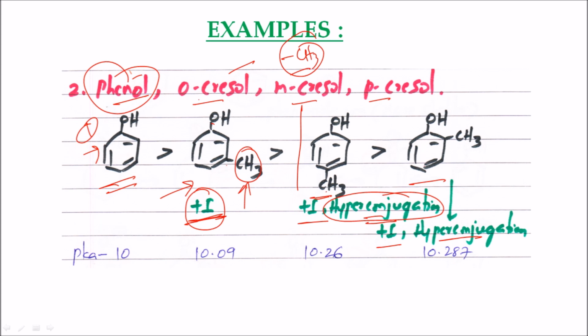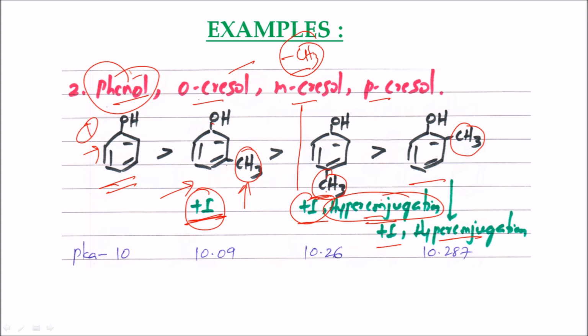So the reason for this is that the plus I effect, or inductive effect, generally depends on the distance also, right? So if I ask, with methyl in para position and methyl in ortho position, in which case will we get more plus I effect?